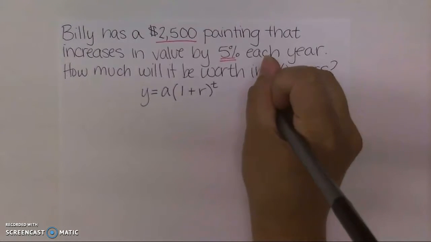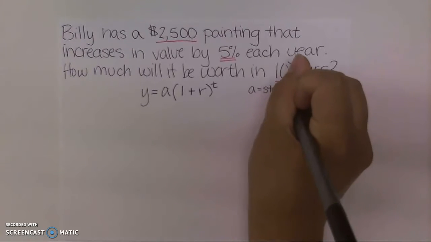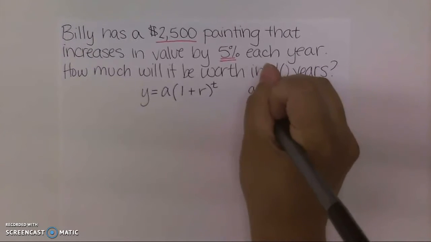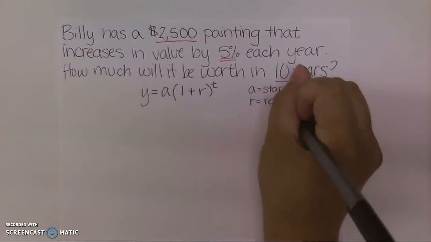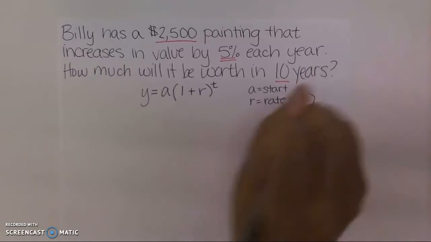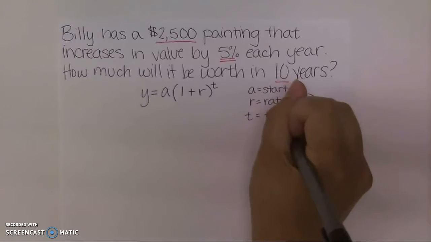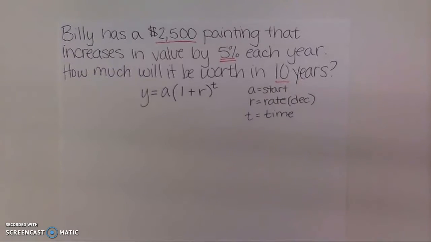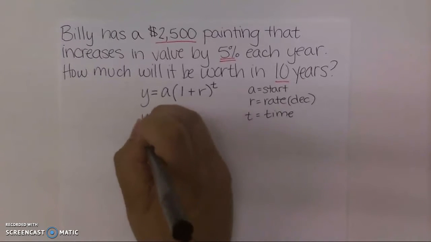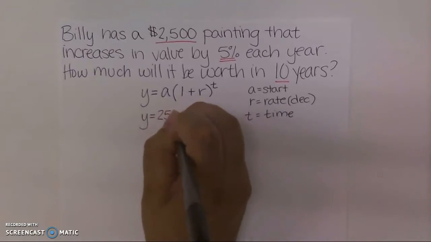So a is our starting amount, so what we start with. R is our rate. It must be written in a decimal in order to plug it in. And t is our time. Knowing all of those things, we can plug in what we know. So I know my starting amount to this painting is $2,500.